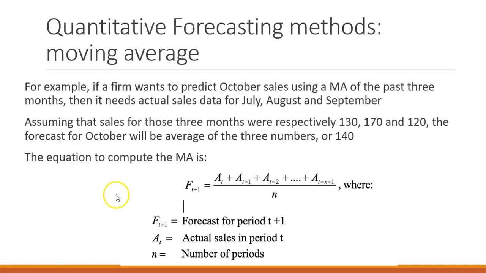So the forecast for the period, 140, equals the actual sales from each month, however many months we use, divided by the number of periods. If we use 5 months, divide by 5; if we use 3 months, divide by 3.